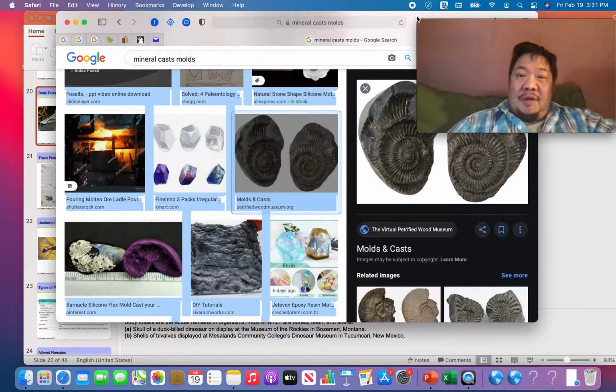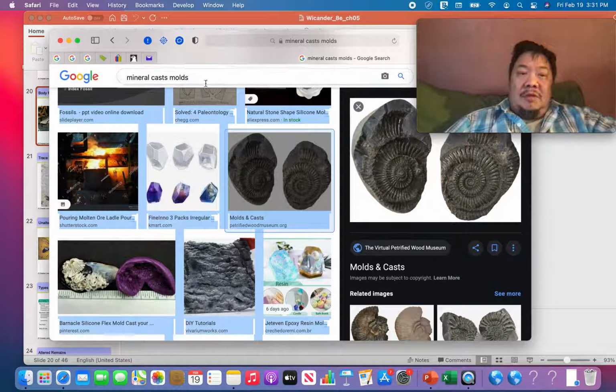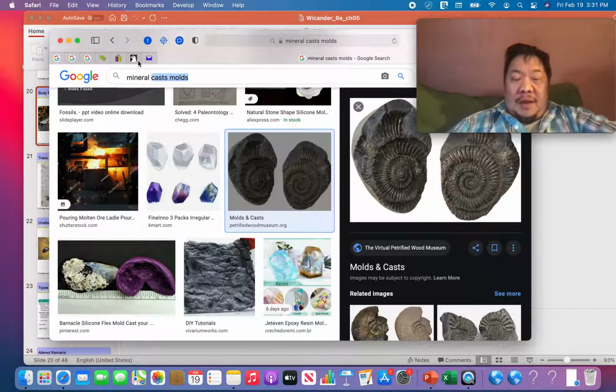Again, we've got another cephalopod here. Which one is the cast and which one's the mold? The one on the left is the mold and the one on the right is a cast. Another type of fossil is formed by carbonization.